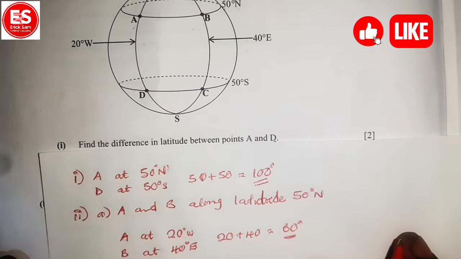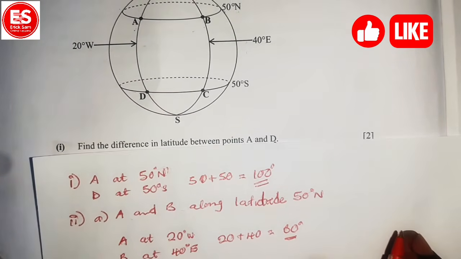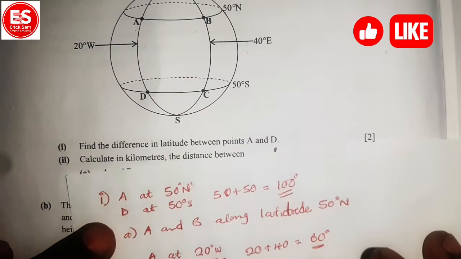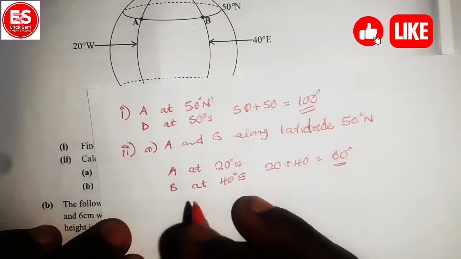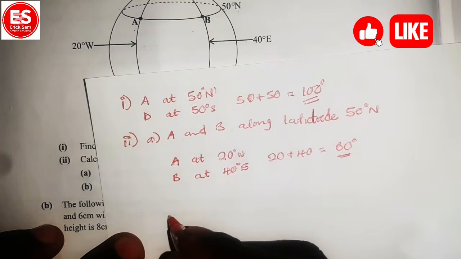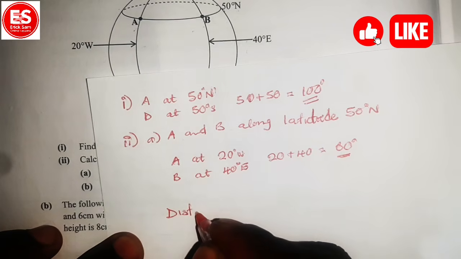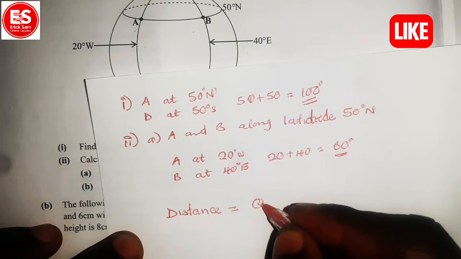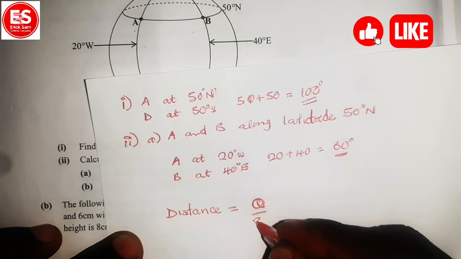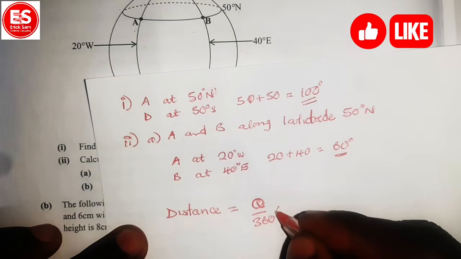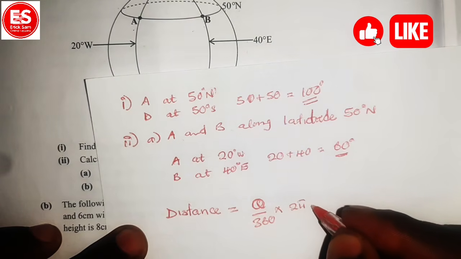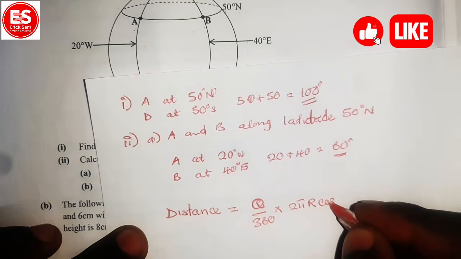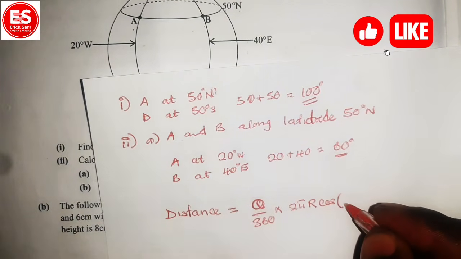Now that we found the difference in longitude, let's derive the formula for calculating the distance. Distance is equal to theta over 360, times 2 pi r cos latitude.